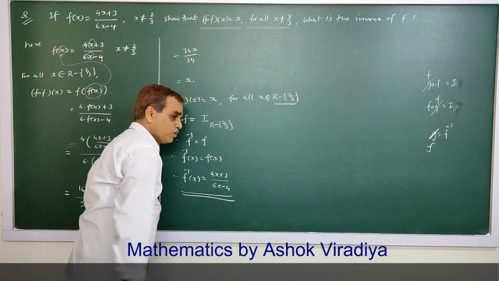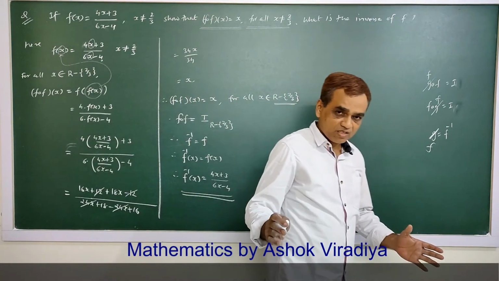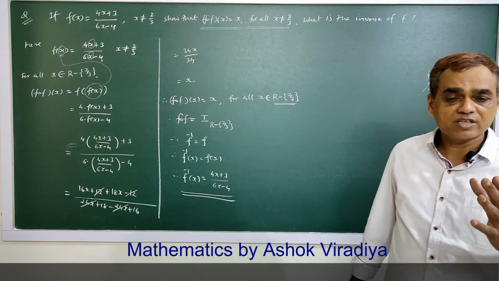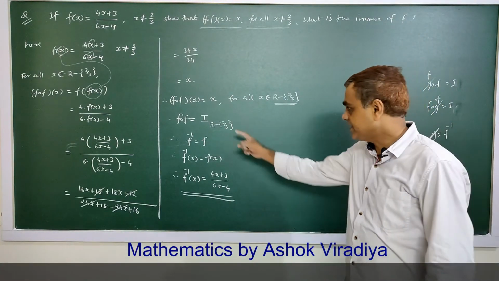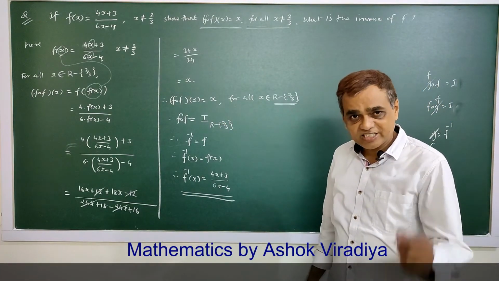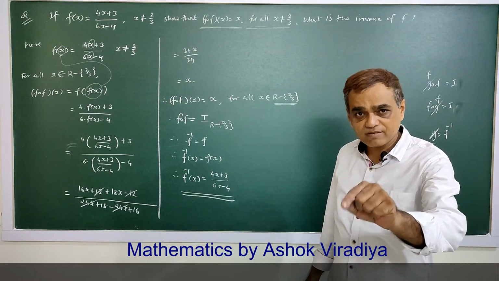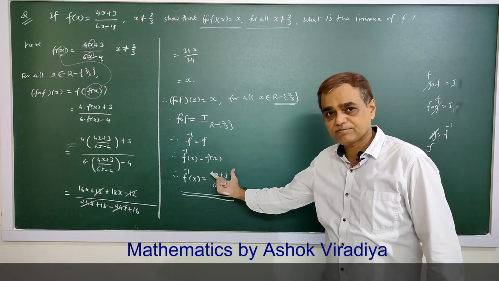So this is f inverse. Whenever you prove that the composition of a function with itself is the identity function, then its inverse and the function itself will both be the same.